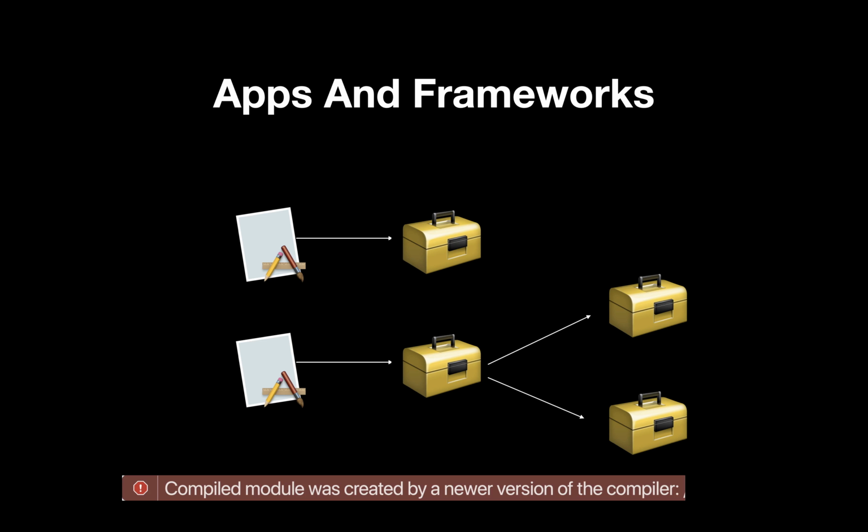With older versions of Xcode, you would have seen this error or a variant of this error, which states that the compiled module was created by a newer version of the compiler.